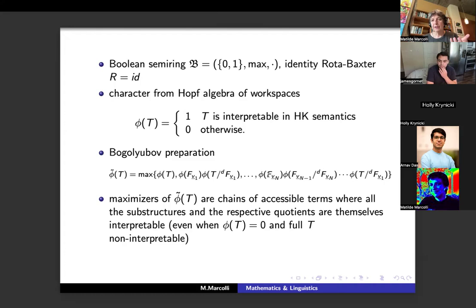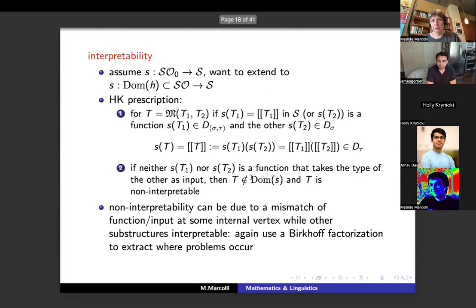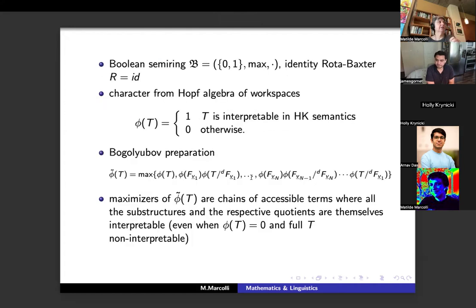And in all of these cases, including this one, the key thing is that these parsability operations, in a sense, are local. So they are happening or not happening at certain particular locations in the tree. And so when you break into substructures, you are actually able to locate where the problem is coming from. And in this sense, this is another way in which the situation here is similar to what is happening in physics.